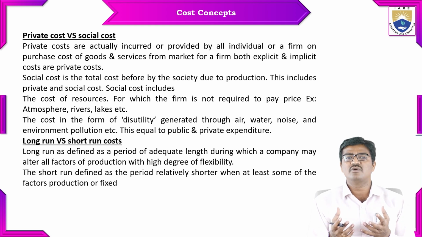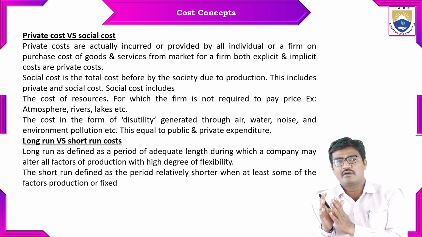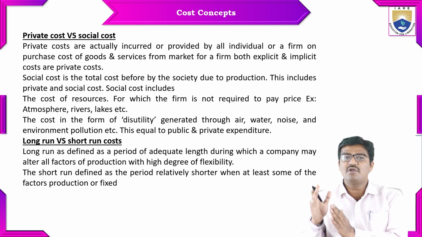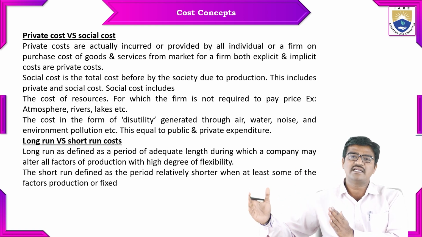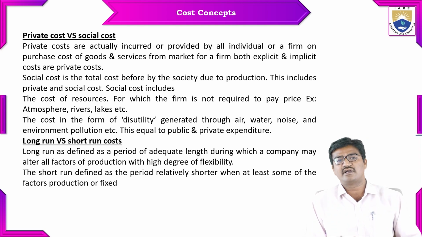Means the management is going to decide some particular time period X. If you have a time period beyond that X, that is called the long run time period. If you have a time period which is less than that X period, that is called the short run time period.